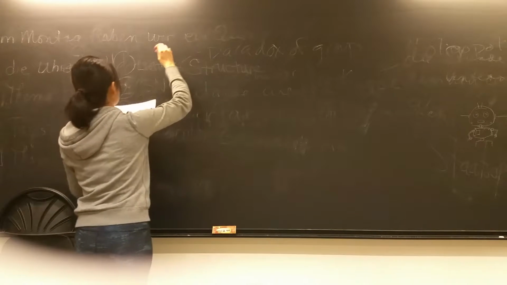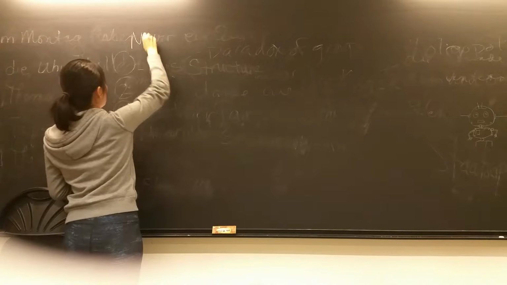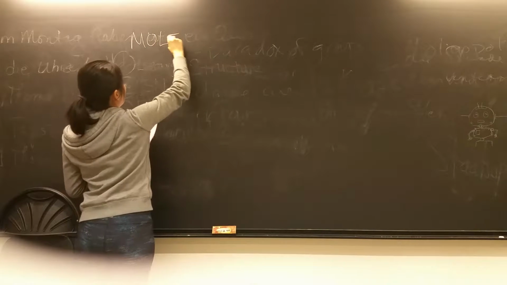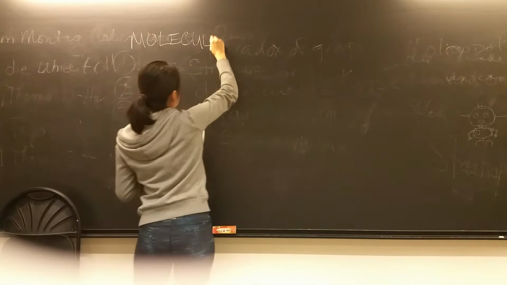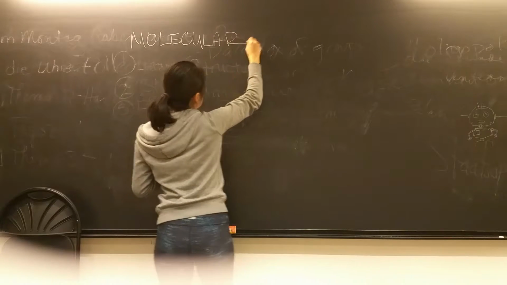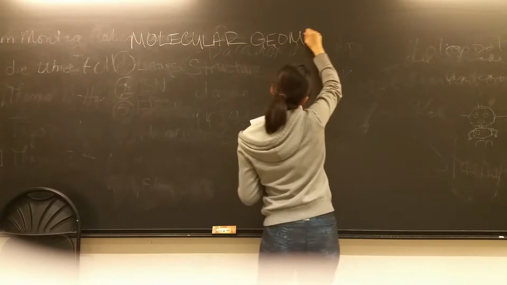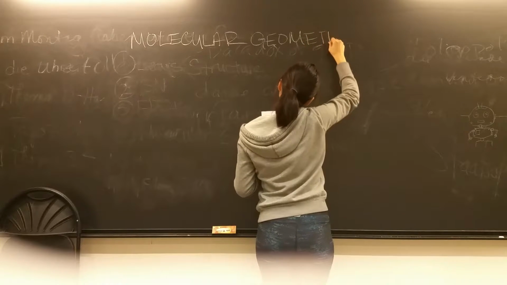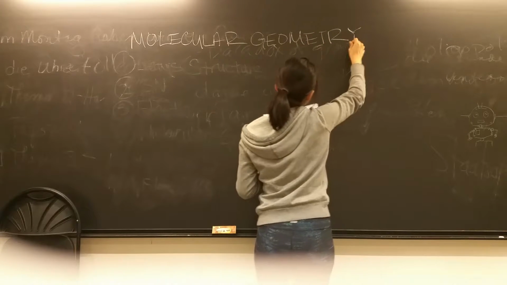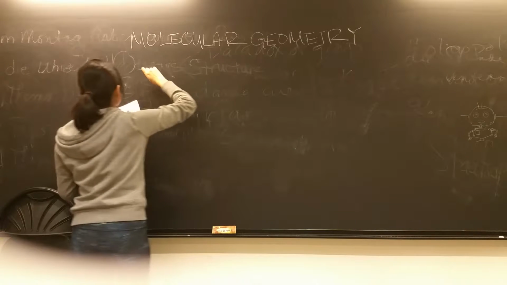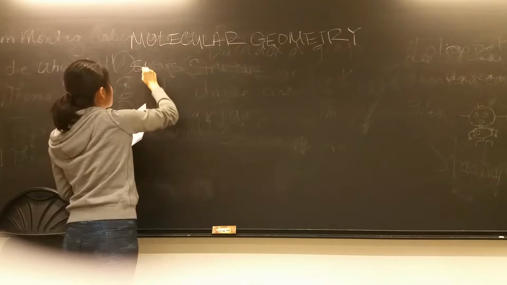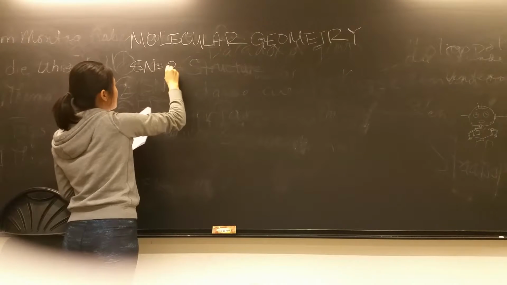So now that we're looking at molecular geometry, we need to realize that lone pairs do make a difference. And so what if you have a steric number of 2, right?